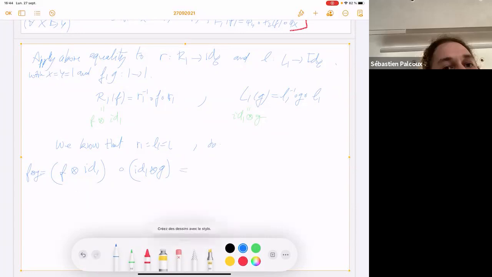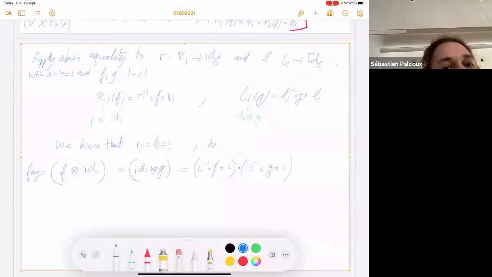And this is equal to what? You know R1 equal iota, so you can replace R1 and L1 by iota in the above equality. So we have iota inverse, compose F, compose iota, composed with iota inverse, compose G, compose iota.